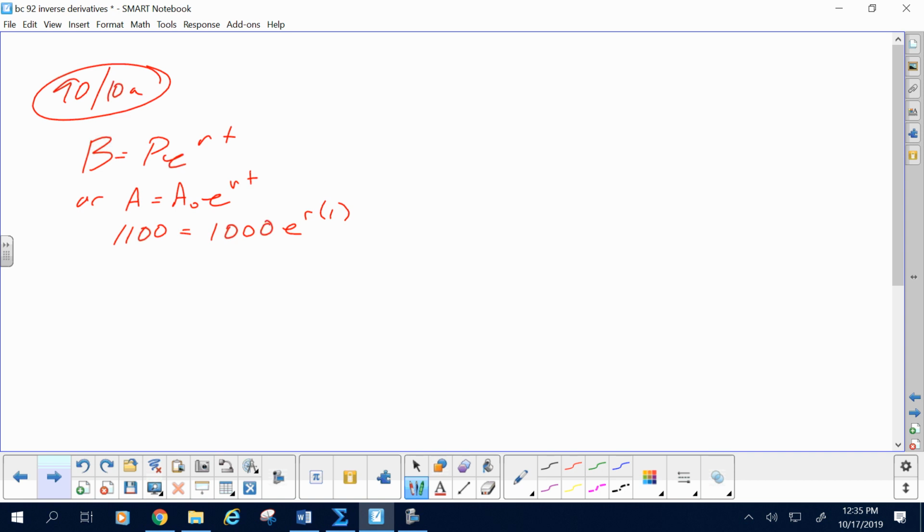If it was compounded annually, then it might be something like that, which we don't do a lot in our book. We probably should practice. But do you see where I'm coming from here? Yes? Okay. So if I solve this, I get 1.1 equals e to the r, and therefore the log of 1.1 is r.